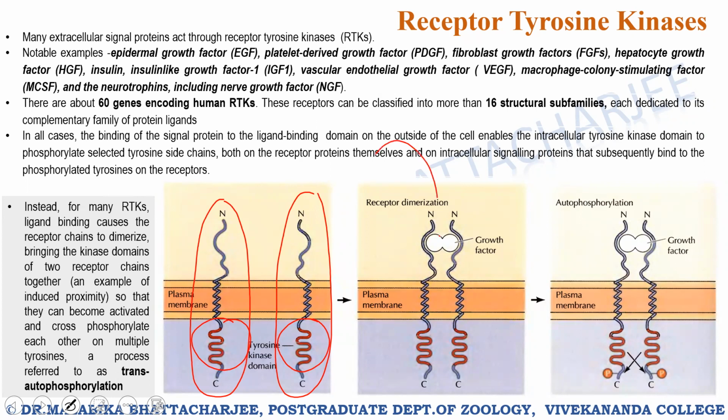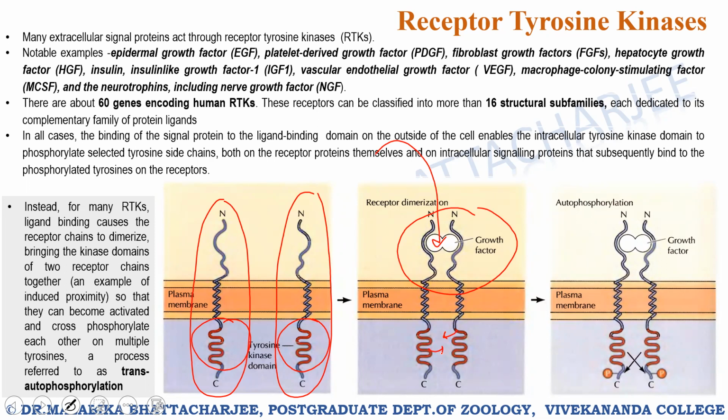The moment a ligand comes and binds, it might be a growth factor, the ligand initiates the movement of the receptors towards each other, and you can see the receptor dimerization is occurring. The moment receptors dimerize, they come together to form partners, what happens? The intracellular parts of the receptors move near to each other.